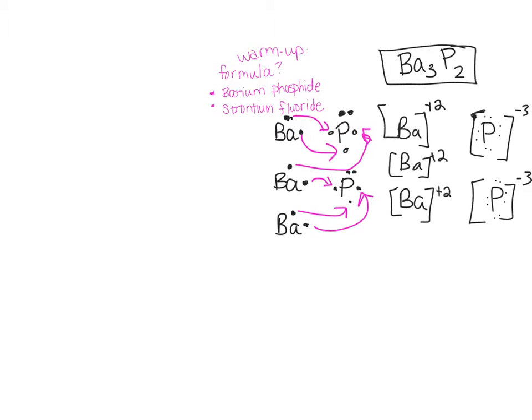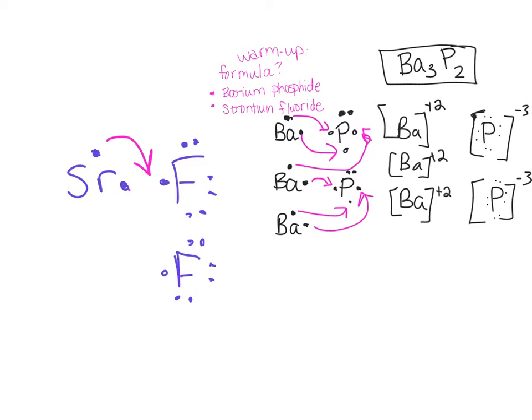We had strontium fluoride. So strontium fluoride, we have Sr. He is also in group 2, so we're going to give it 2 dots. Fluorine is in group 17, so it gets 7. Okay, and then we're going to show that electron transfer. So he's able to give 1 away, and then strontium needs an extra fluorine added into the picture in order to give its other valence electron away, and now everything is good.